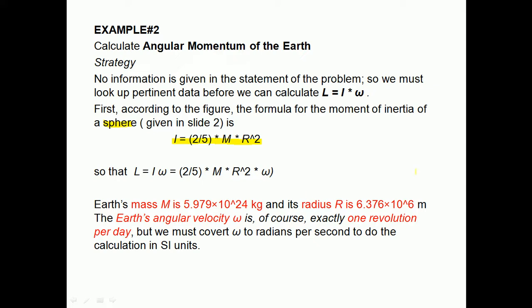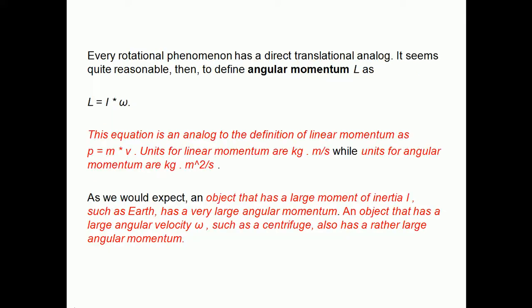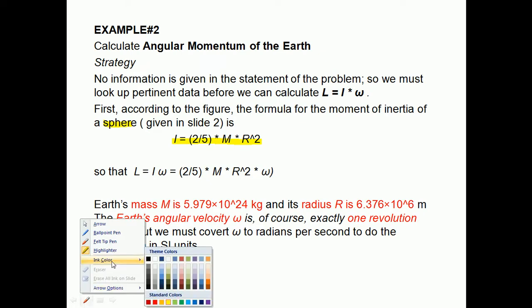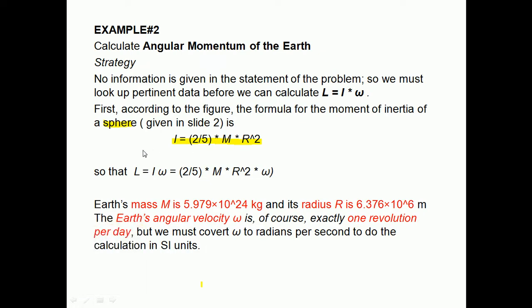We will replace the value of I. What is the value of I? We are replacing this I value over here: 2/5 mass multiplied by the radius square, and we will be multiplying it by the angular velocity W. We know the values here.